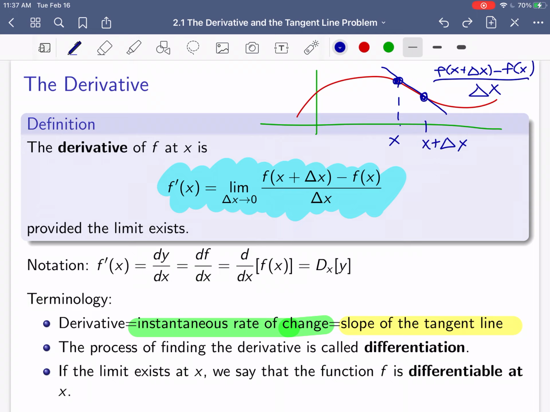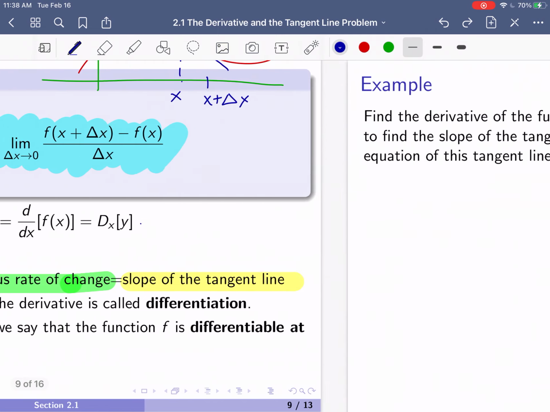We might write df dx, right? So derivative of f with respect to x, or the derivative with respect to x of the function f of x. We might use a capital D as like a differential operator and say we're taking the derivative with respect to x of our function y. All those different notations we might use depending on setting.